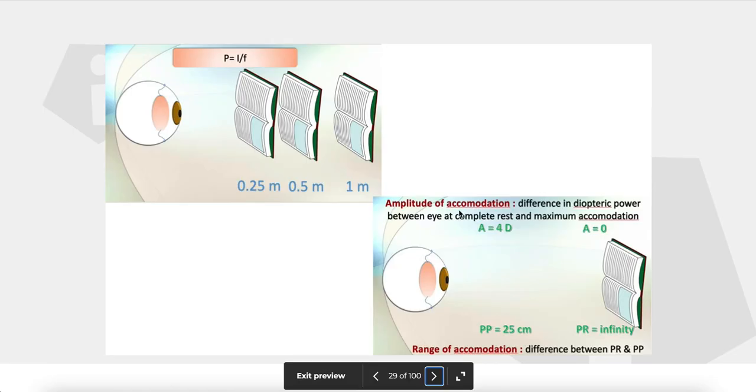Then the amplitude of accommodation will be the difference between the power of the eye at rest and the power of the eye at maximum accommodation, and it will be 4 minus 0, so 4 diopters. While the range of accommodation is the distance between the punctum proximum and the punctum remotum, which here will be the distance between 25 centimeters and infinity.